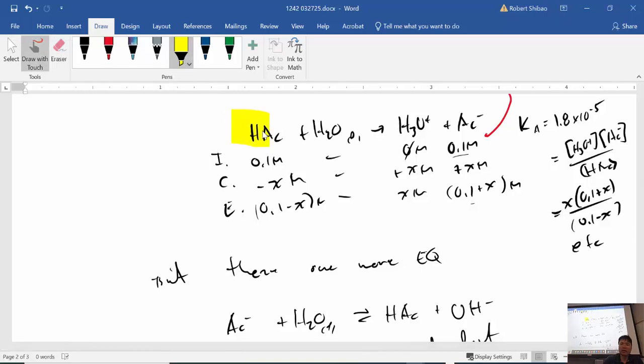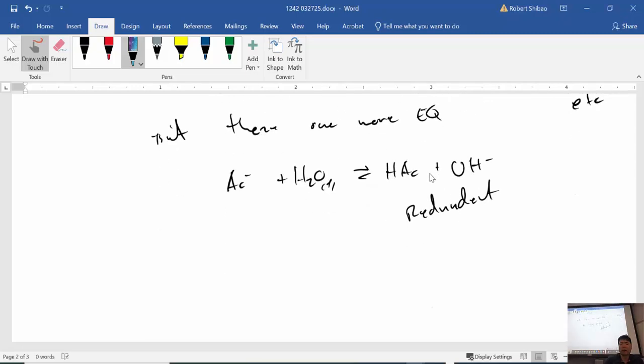Because the Ka describes the equilibrium between acetic acid and acetate in terms of what we say pH. Hydronium. Kb solves for the equilibrium between acetate and acetic acid, but instead of in terms of pH, in terms of the pOH or the OH.